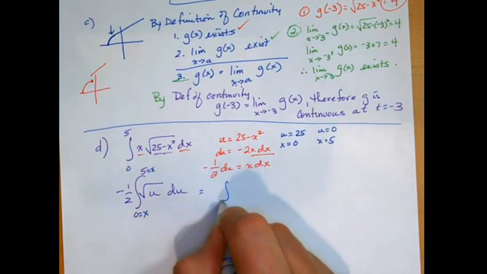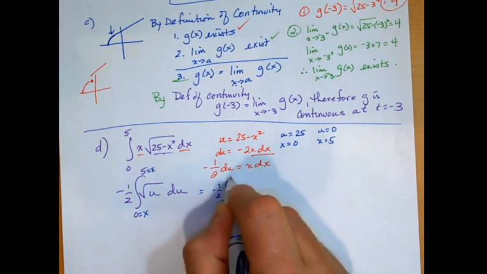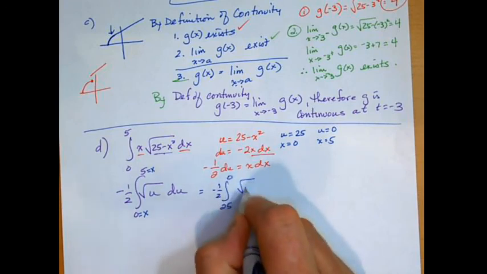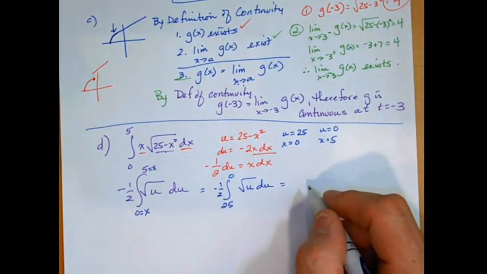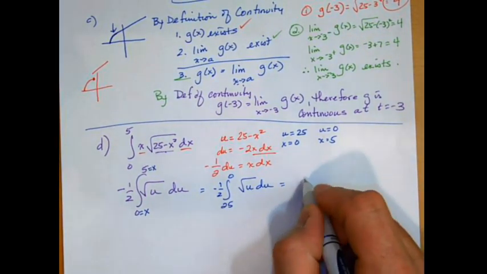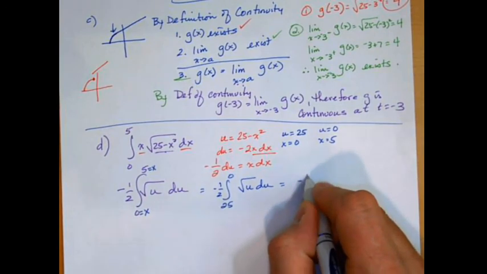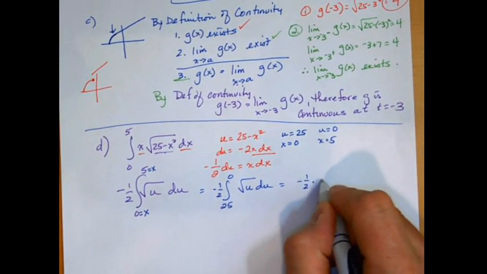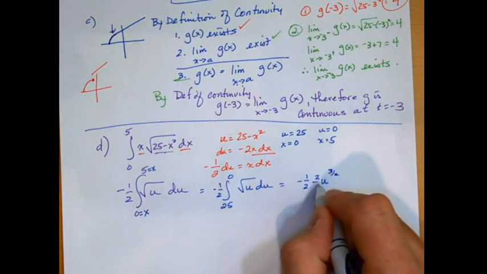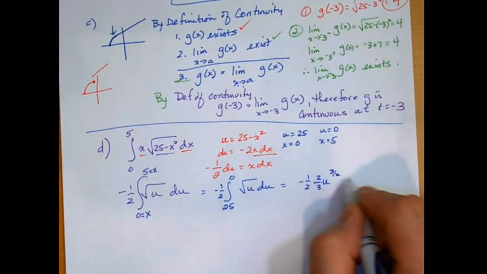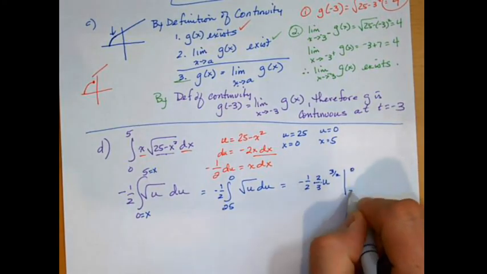So this would be negative 1/2 from, guess what, that switches, 25 to 0 of the square root of u du. All right, so what do we got? We got negative 1/2 times u to the 3/2 and then times 2/3, and we're going to go from 0 to 25.